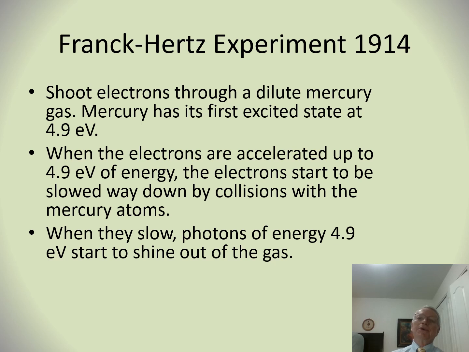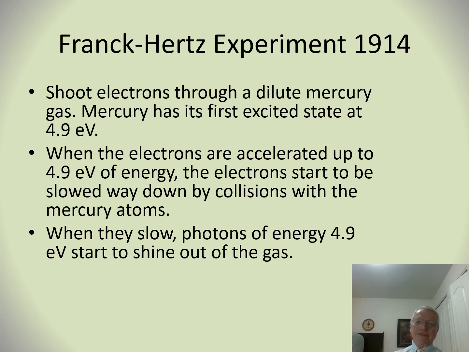There was this beautiful experiment just a few years after Bohr's theory of the atom, which we talked about last time. Some measurements have been made on atoms since then that supported the idea of excited states and light coming out at the frequency corresponding to the energy difference between the higher energy state and the low energy state. And it was known that mercury had its first excited state at 4.9 eV.